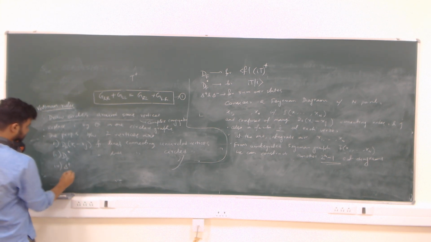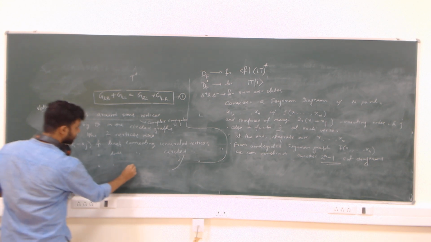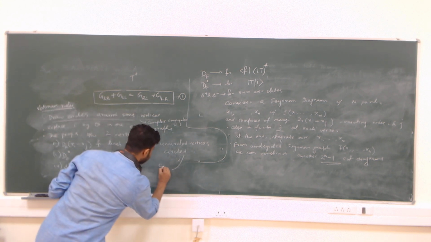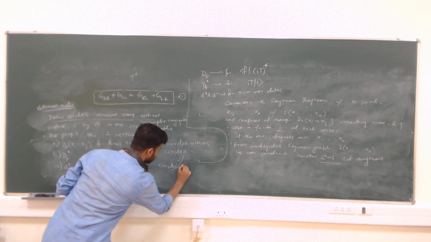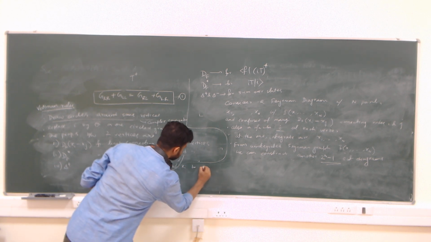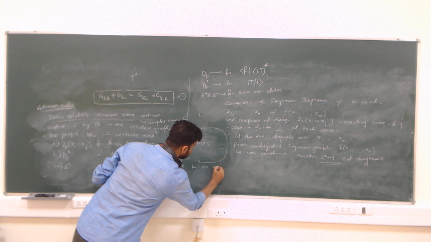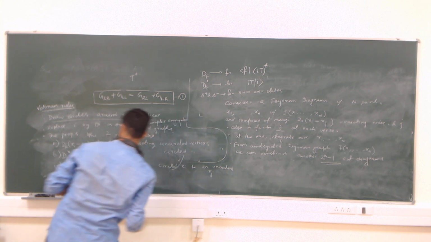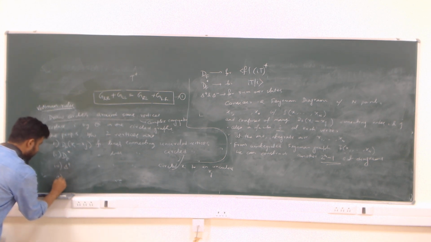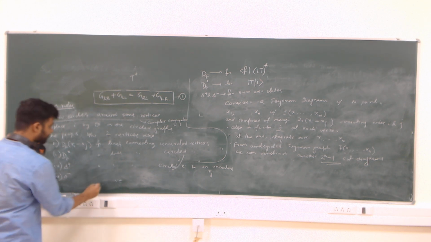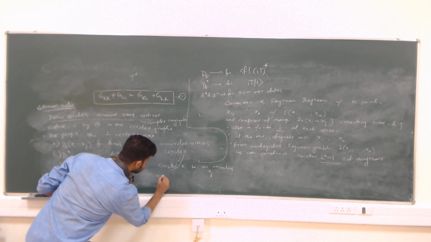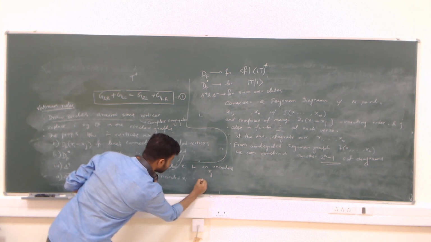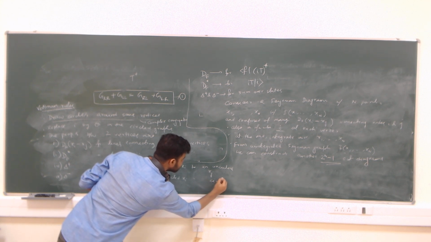Delta plus will be for lines connecting a circled xi to an uncircled xj, and delta minus will be for lines connecting an uncircled xi to a circled xj.